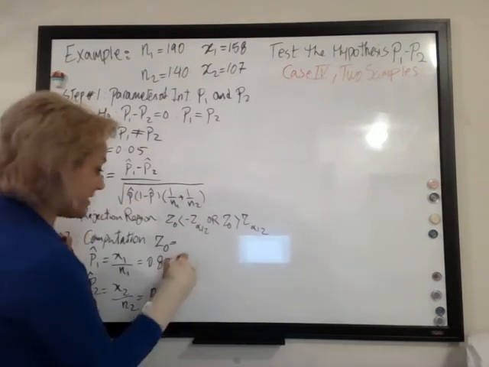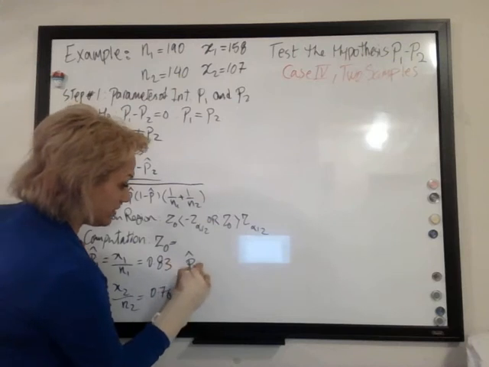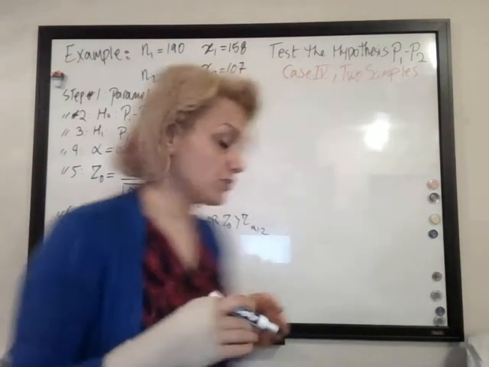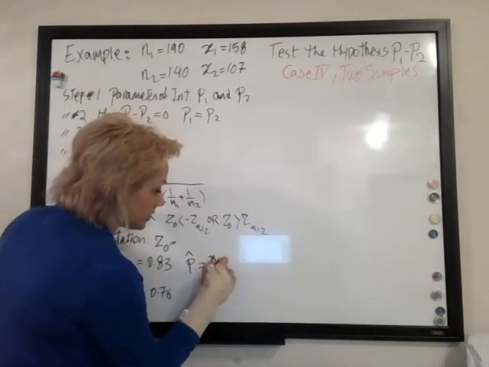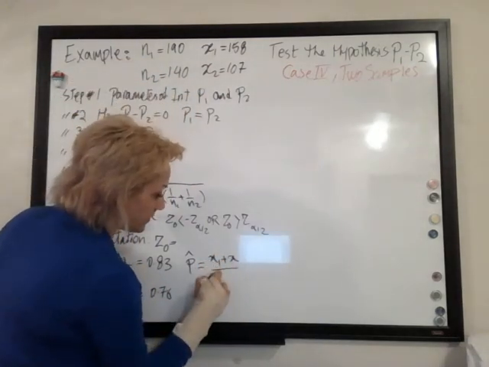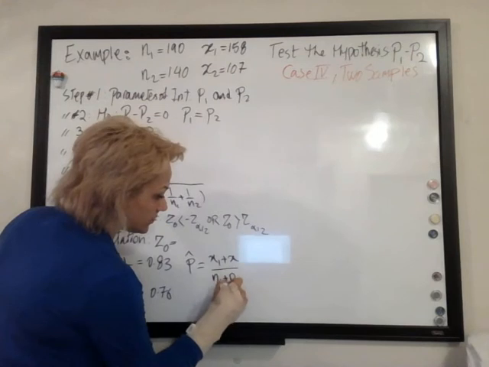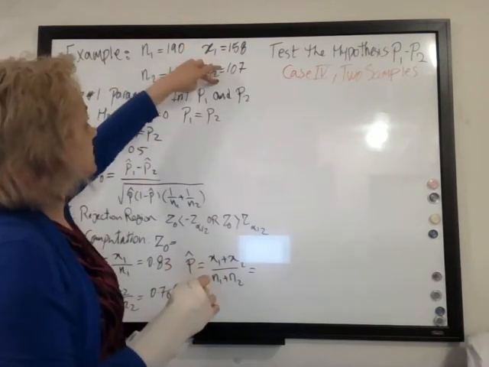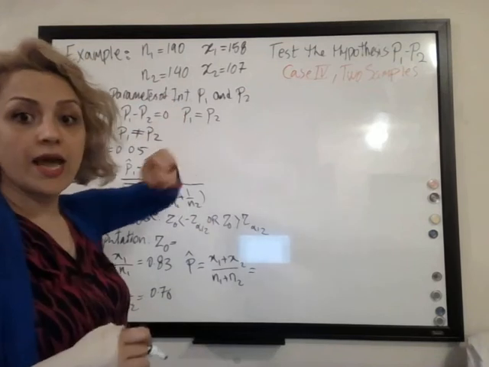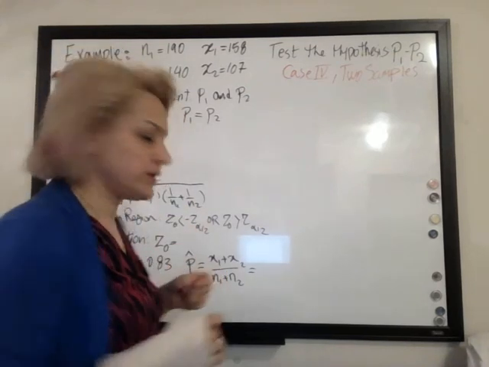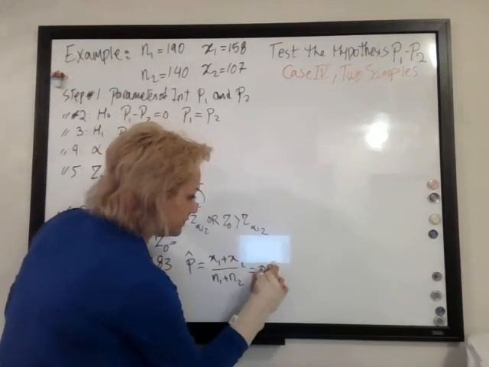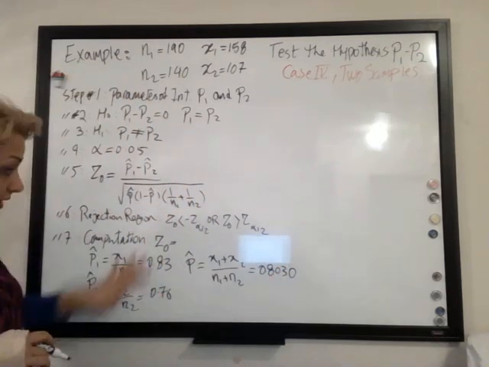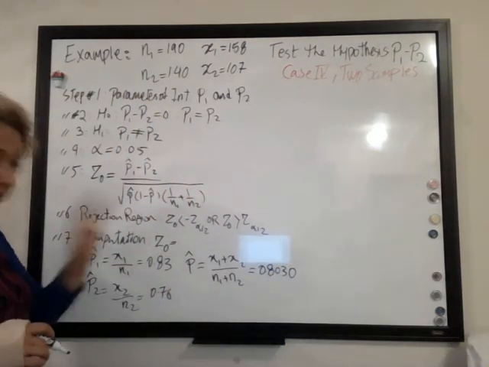For P estimate, we said that it's a combination of X1 and X2 and N1 and N2, so X1 plus X2 divided by N1 plus N2. So we're just going to put this number plus this one, divided by this one plus this one. So it's going to be 0.8013.